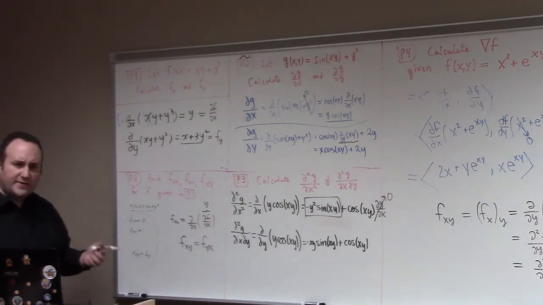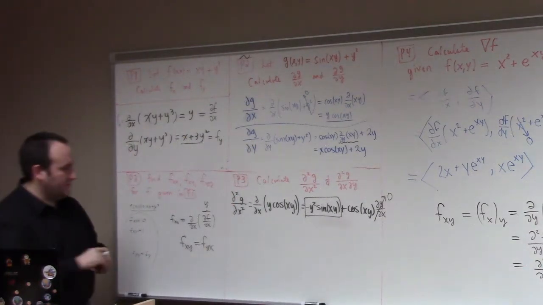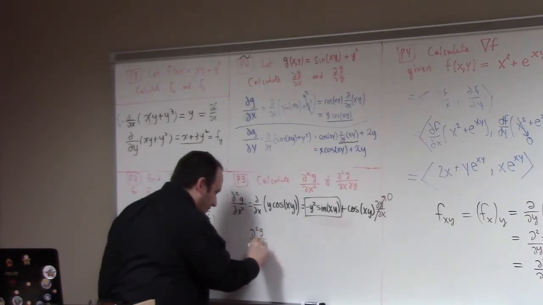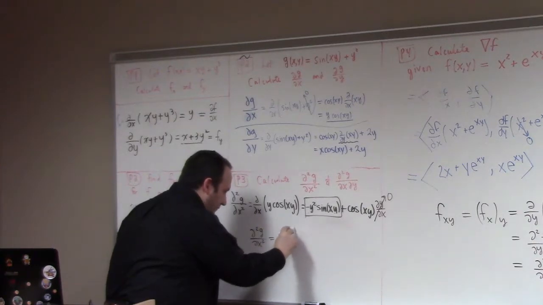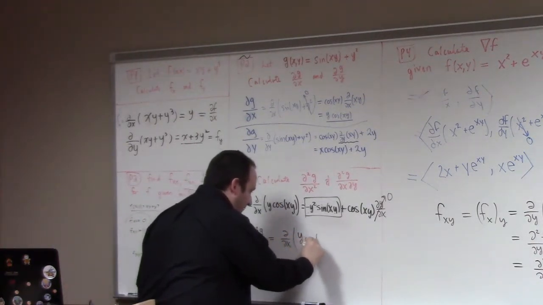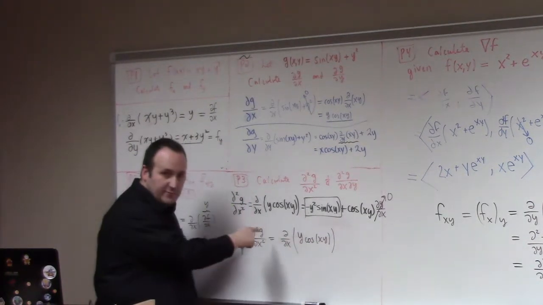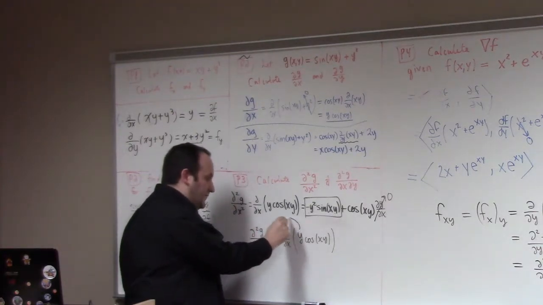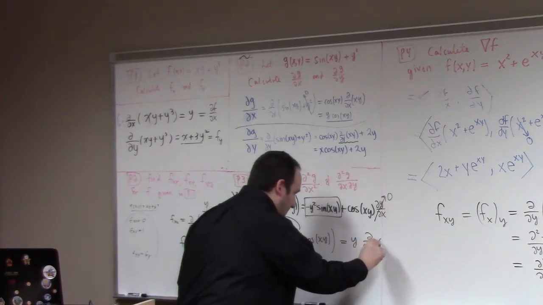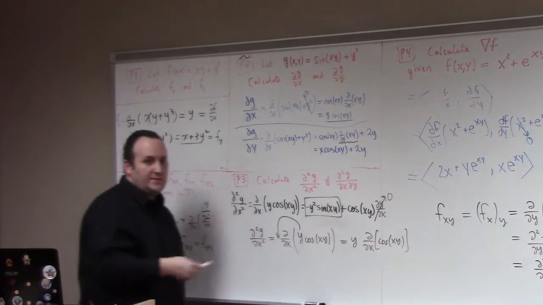So let me redo that slowly and carefully just for a second here. In other words, partial squared g partial x squared is partial x of what was partial g partial x, which was y cosine of xy, right? So here's the way I think about this. I just think y is a constant with respect to the x derivative. So I pull this out front. This is y partial x of cosine of xy. That's the way to think about this.